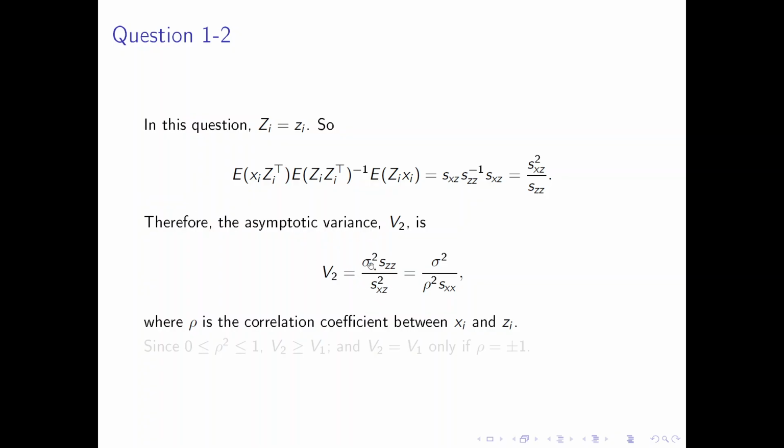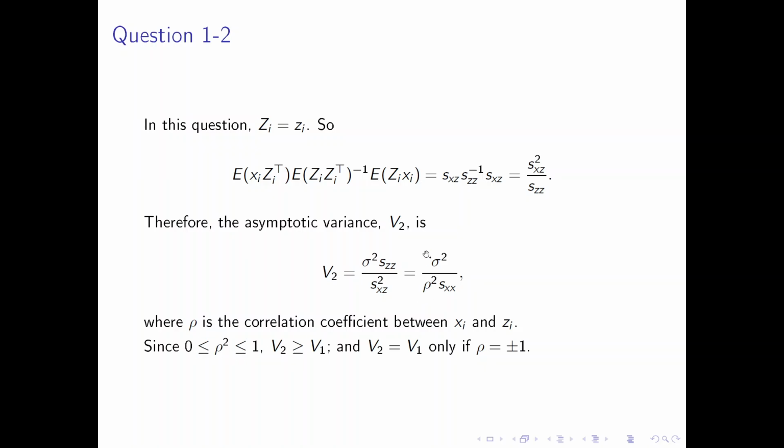And in class, I explained this can be written using the correlation coefficient squared, rho squared, which is the correlation coefficient between x and z, replacing the covariance and the variance of z here. Then the other part, sigma squared divided by the expectation of x squared, is just the same OLS variance, but the difference is rho squared, which is greater than 0 but smaller than 1.